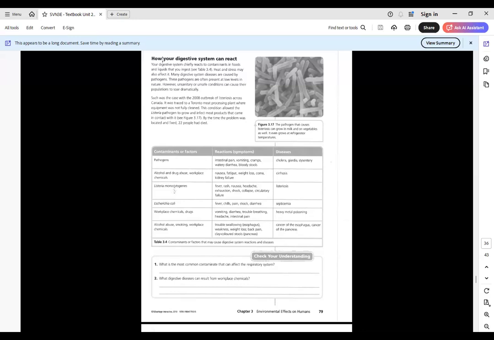So blood in your feces, okay? These are all a symptom that you had a pathogen enter your system and is now causing all this discomfort. The diseases associated with that are cholera, giardia, and dysentery. Okay, those are the names of 3 diseases that can be a result of a pathogen.